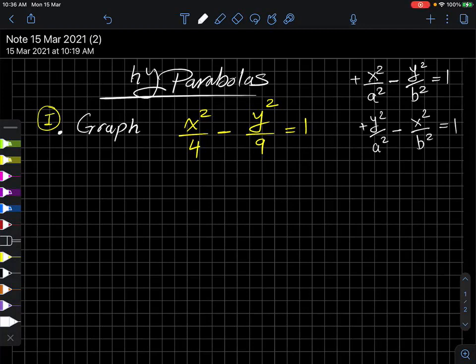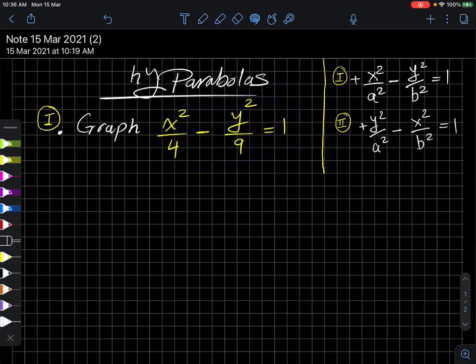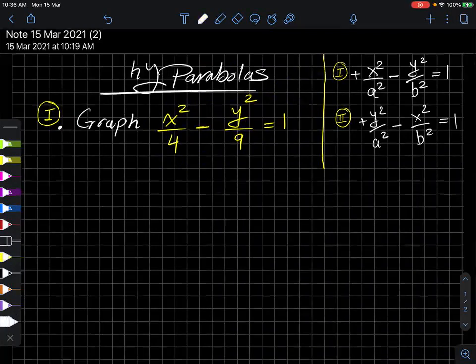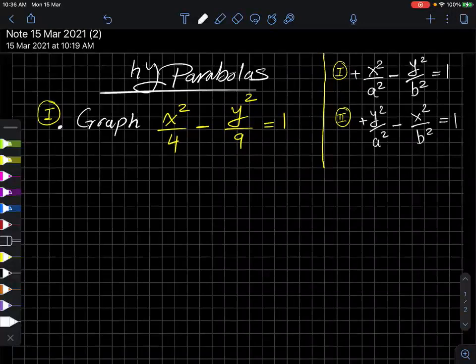So we have two cases, as I said. The first case is when my equation is x squared over a squared minus y squared over b squared equals 1. And the second case is when we have y squared over a squared minus x squared over b squared is equal to 1. So in the first example, we have x squared over 4 minus y squared over 9 is equal to 1.